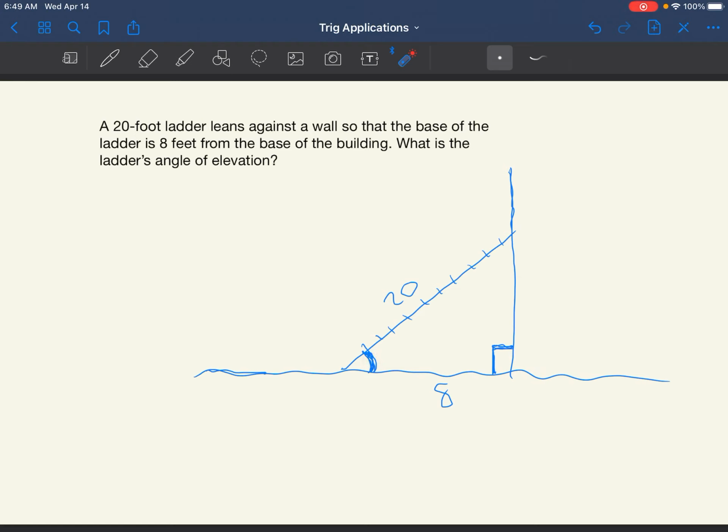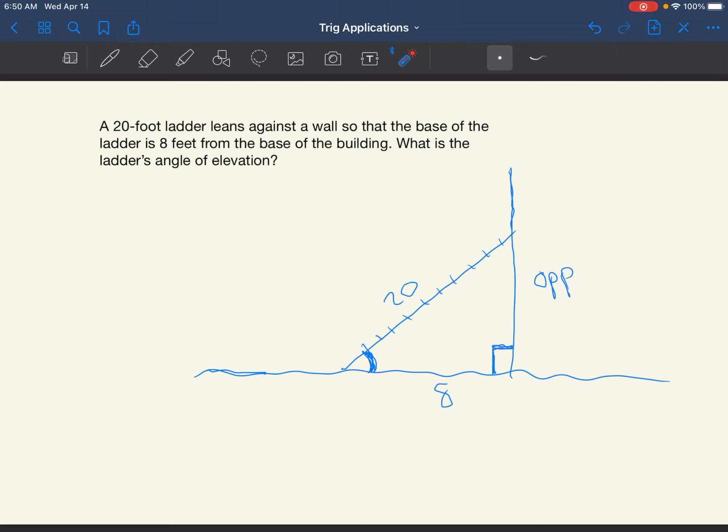So your first step, always, when you're solving these types of problems, is to label your sides. Okay, you've got to label your sides. I always start by labeling my opposite side. So I'm working from this angle, I go straight across. This is my opposite side. So I'm going to label that O for opposite, or I'll go ahead and put OPP. That's my opposite side. And then label your hypotenuse.